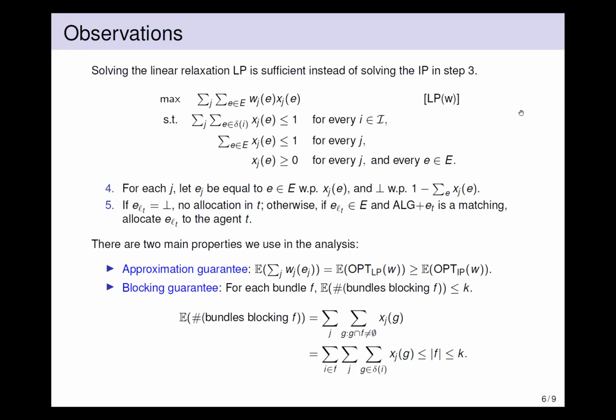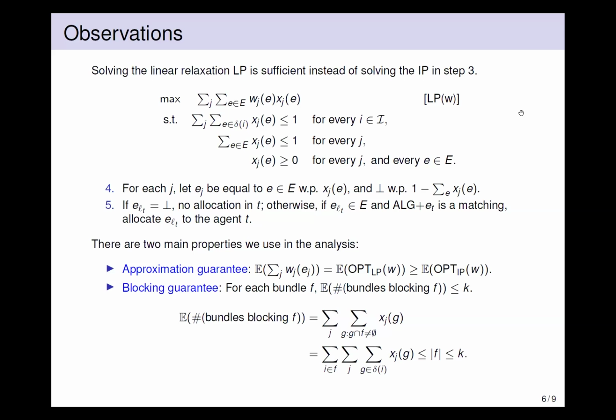For every agent, you will now have a random allocation. Okay? So it's the E_j. E_j will take the value of a hyperedge e with probability x_j of e. So it's essentially the probability given by the LP. And it will have no allocation with the rest of the probability.